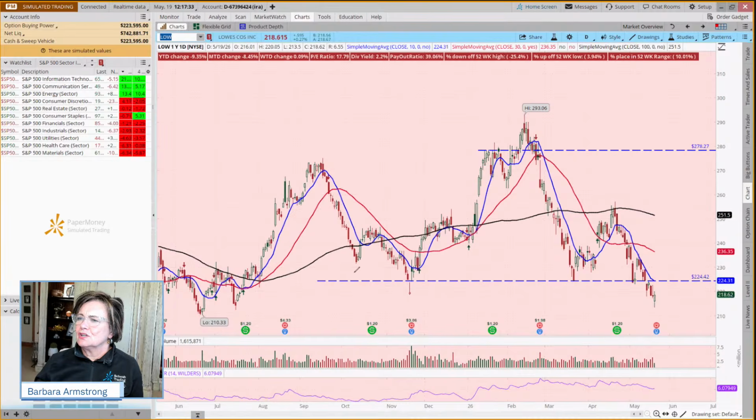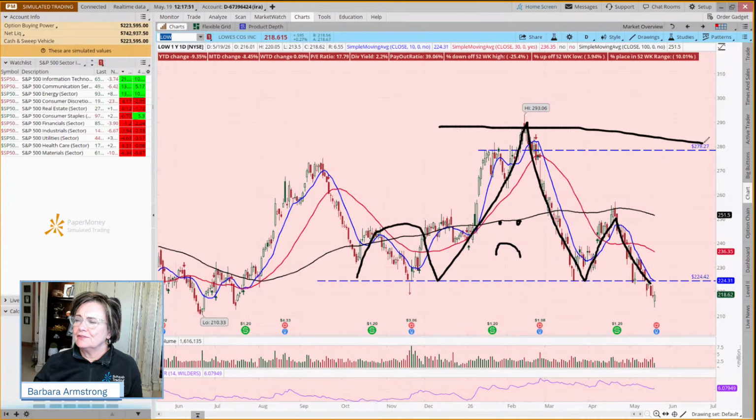Okay, so we had this type of pattern, and it's not perfect, but what do we call this pattern?